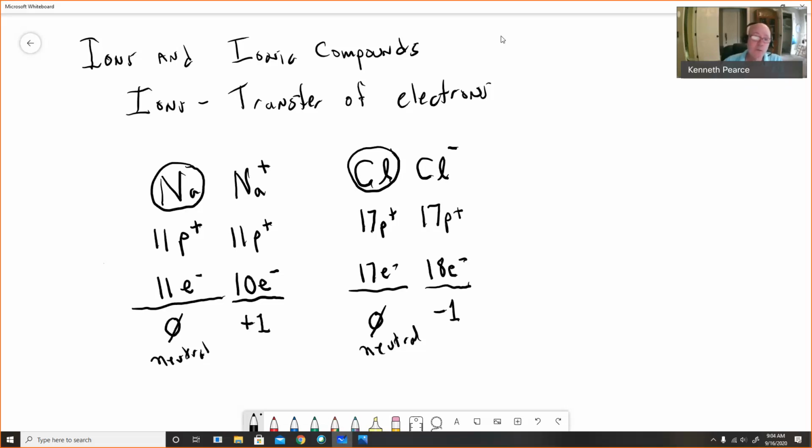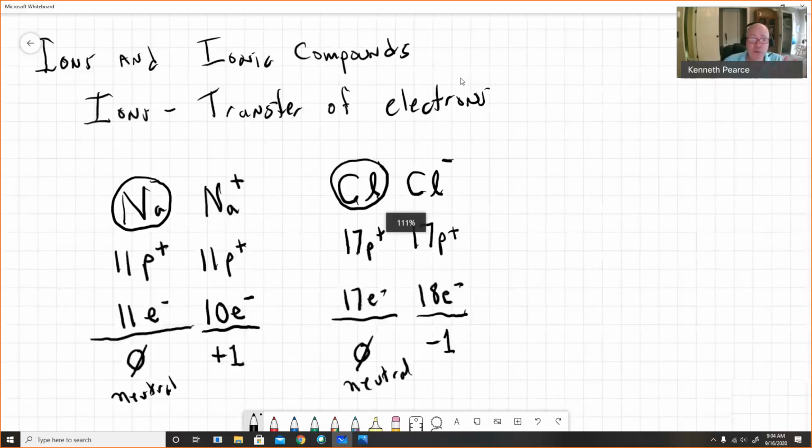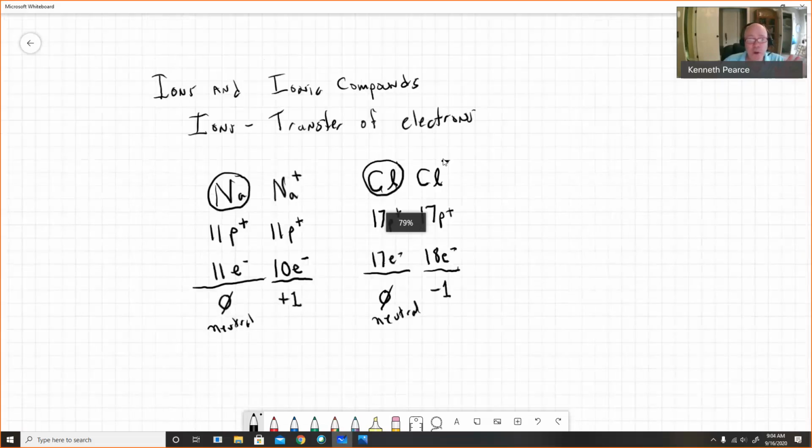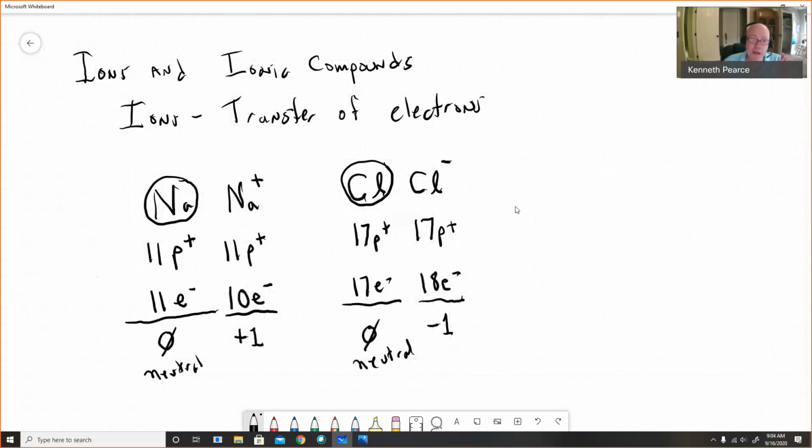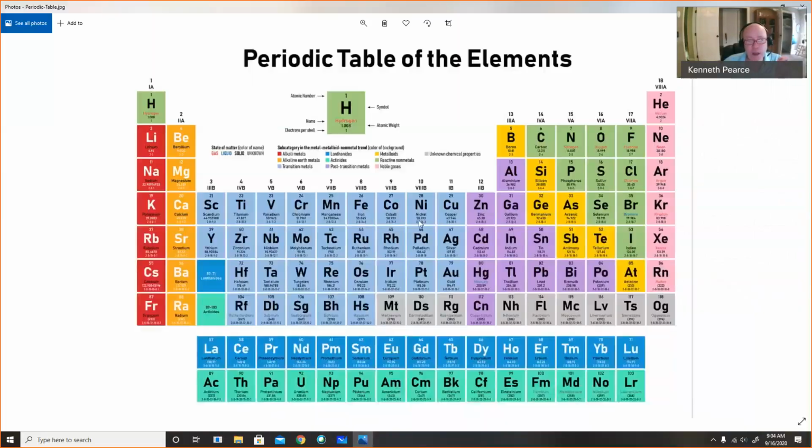Okay, now, we need to be able to predict what the charge is going to be if an atom becomes an ion. What is the charge going to be? And it turns out that the periodic table can help us decide what the charge is going to be. And there's a pattern. And that's the wonderful thing about the periodic table, is there's a lot of information and there's patterns that you can use.